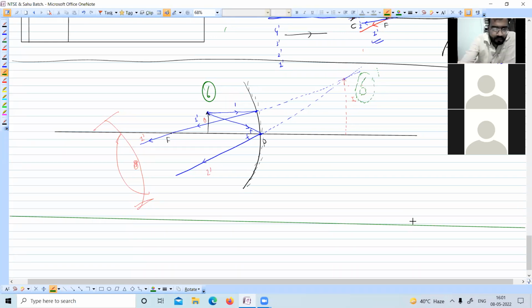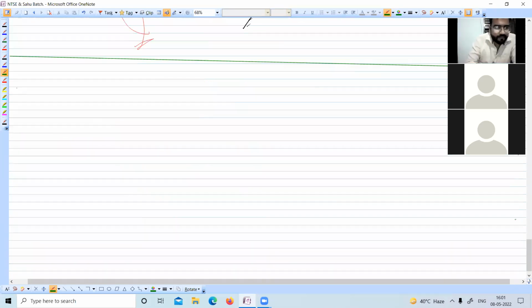This is the ray, and the second part we are going to talk about is that of the convex mirror.